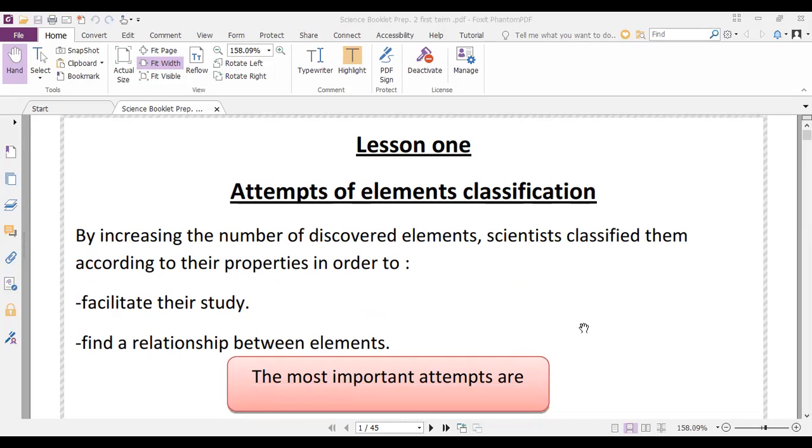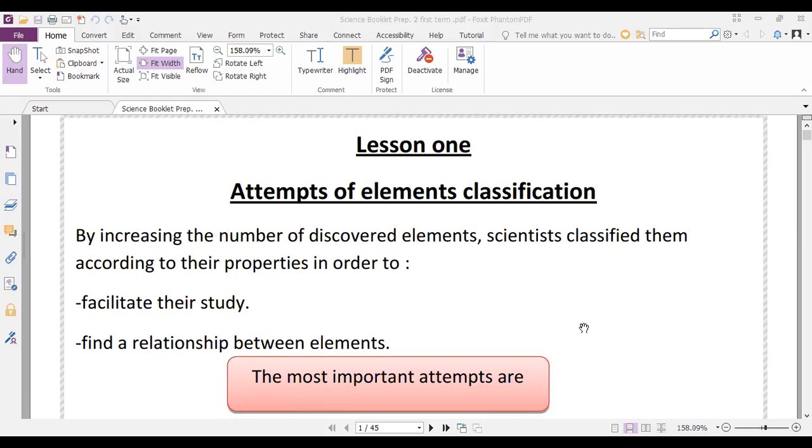By increasing the number of discovered elements, scientists classified them according to their properties in order to what? So first question, what do you do if you have many books or many notebooks? What happens if you have more than one book?